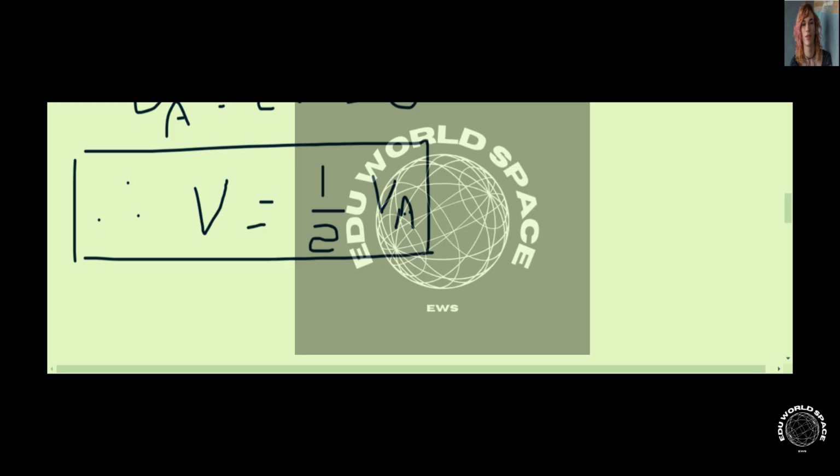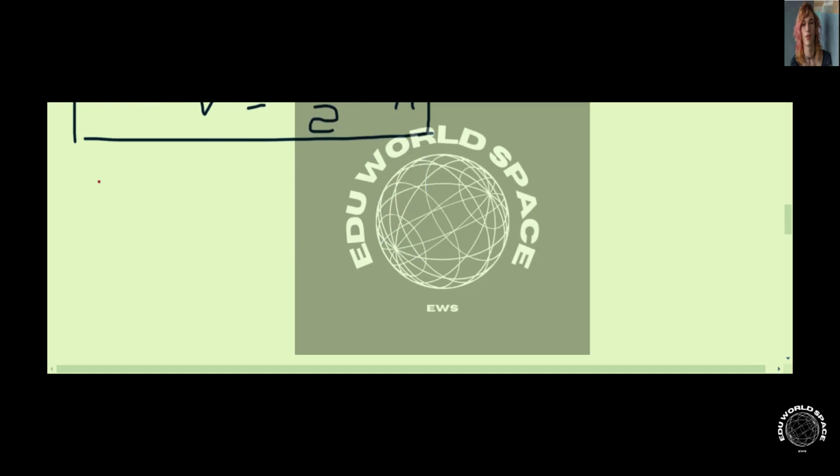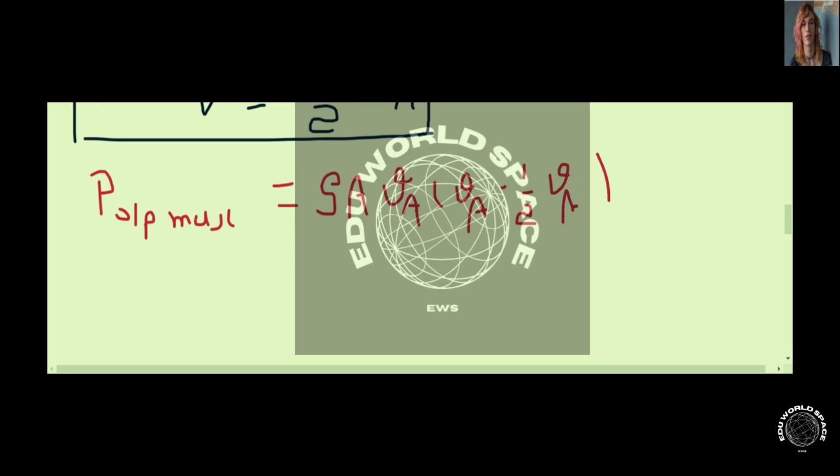Moving further, to find the maximum power, I can write P output max is equal to rho A V_A times V_A minus one half V_A into 1 minus cos theta.